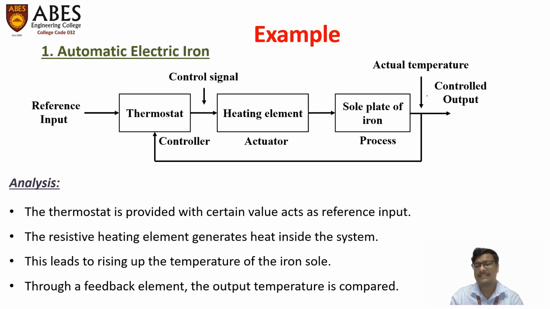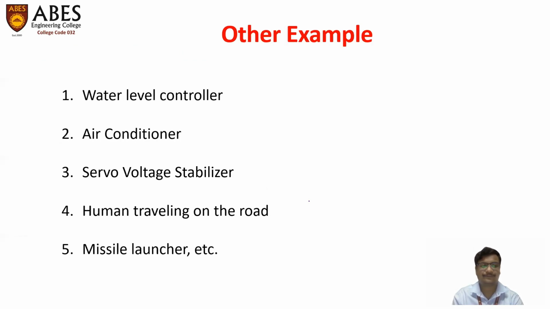If the actual temperature is not similar to the desired temperature, it is fed back directly. The error detector compares the desired input with the actual temperature, and the error is directly fed to the controller. The loop continues till our desired temperature is equal to the actual temperature. Then it is automatically turned off.